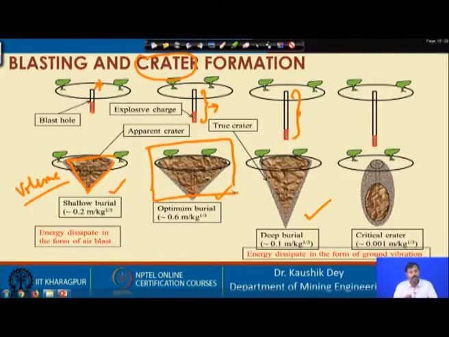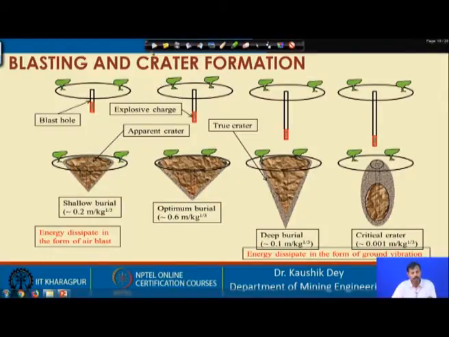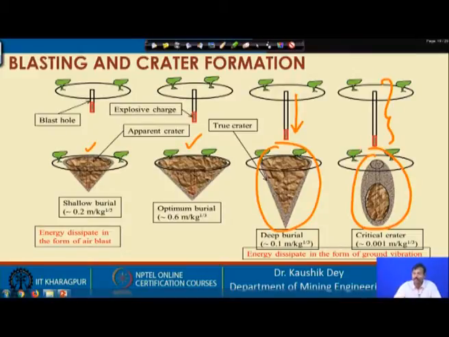So, you can see in the shallow depth we have observed some crater, then we have observed a maximum crater at a certain depth, and if we increase the depth further, then the crater volume is reduced. So, that means we are going to the over optimum position, and finally there will be a position where we will find the surface impression of the crater is negligible or almost 0.